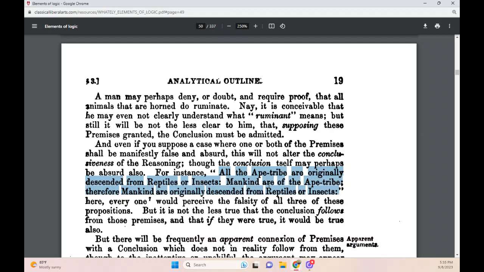Now, just a quick side note here, you can see why this is so important. Because if we can form a syllogism like this, to prove that this conclusion is true, that mankind are originally descended from reptiles or insects, all that we need to do is prove that the two premises are true. And this is really what modern science is for.